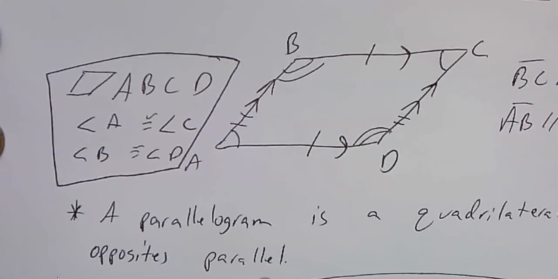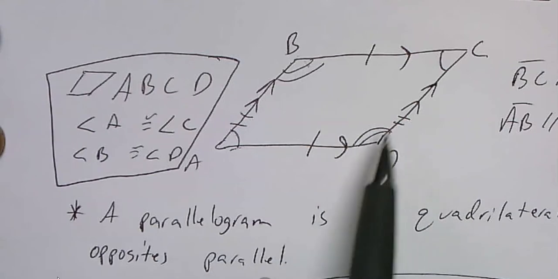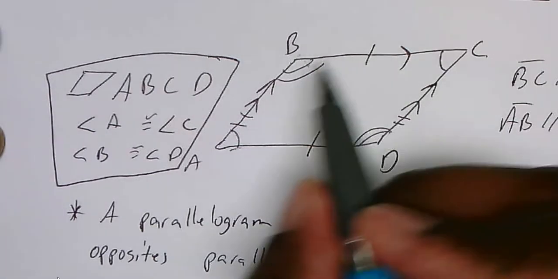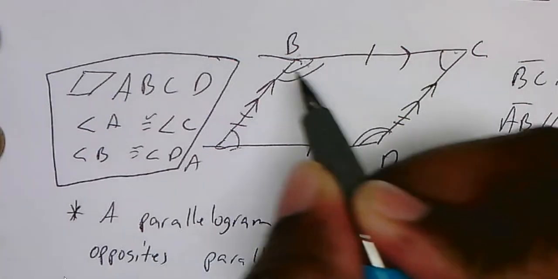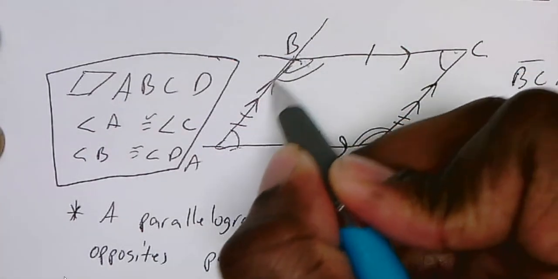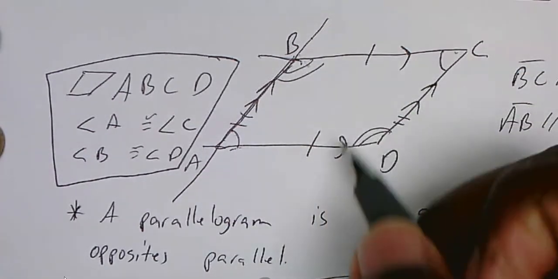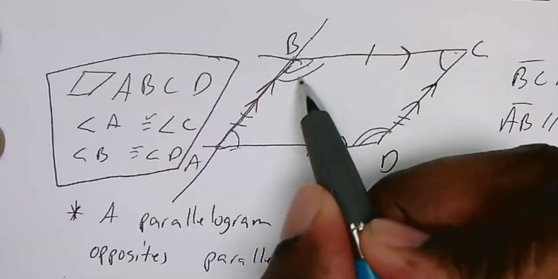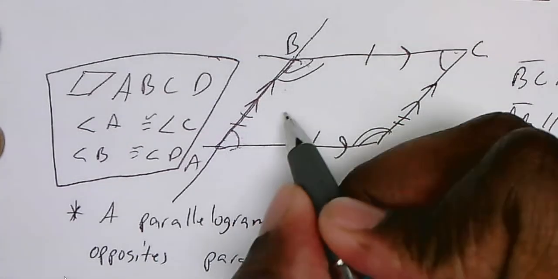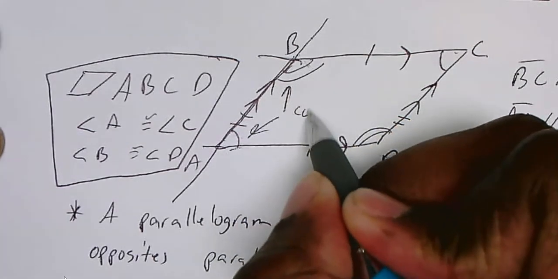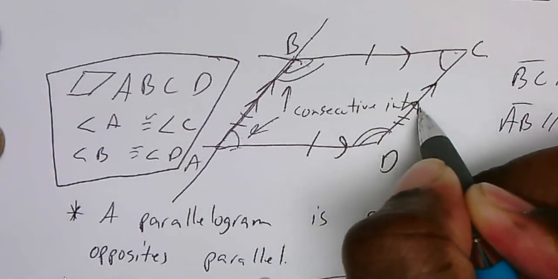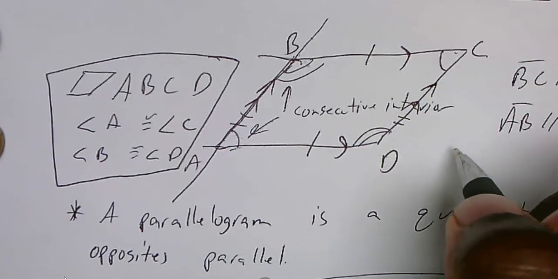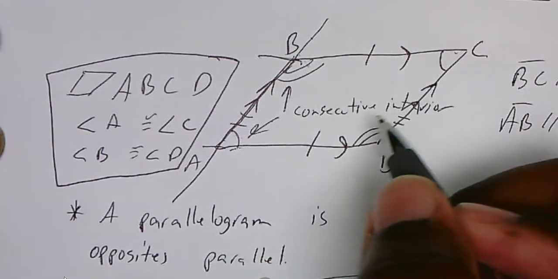I know my opposite angles are congruent because these sides are parallel to each other. If I extended those sides further, I would see this is a transversal over two parallel lines, meaning these two angles are consecutive interior angles. Because of that, they're supplementary, because they're formed by parallel lines.